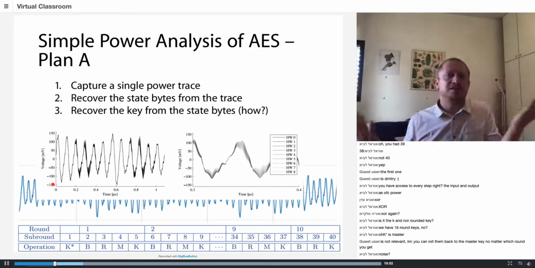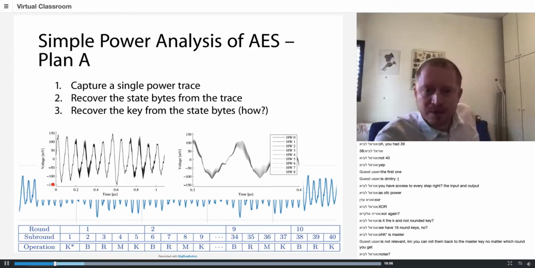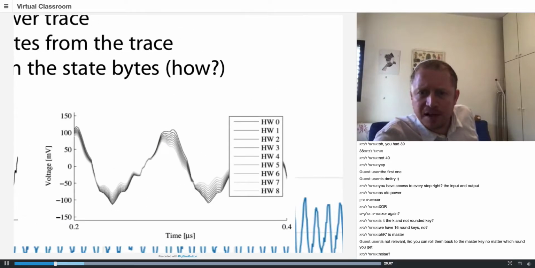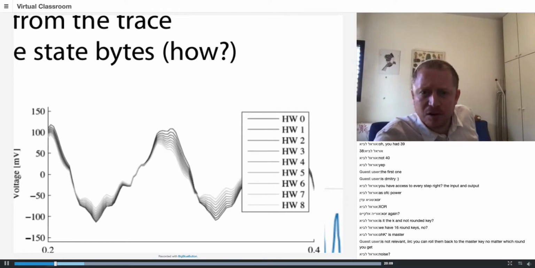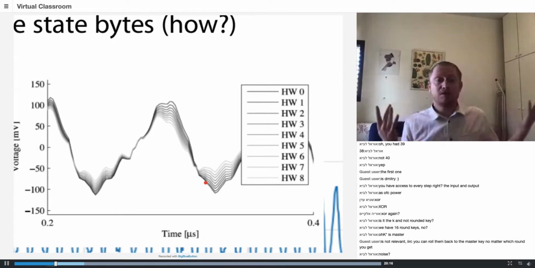So this is an operation which has leakage, and if you look here on the right, this is a blow up, a zoom in on this region. I'm going to zoom in a little bit also. You see that you don't have 256 different lines. If you're feeding in 1 byte, I would expect to have 256 different lines.